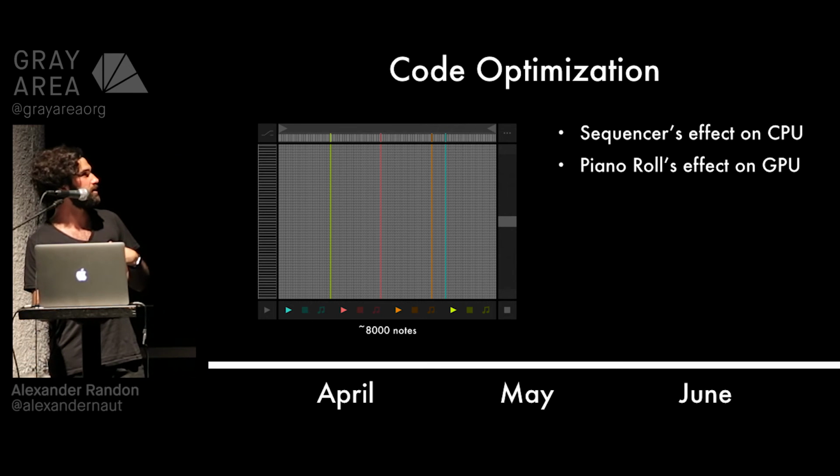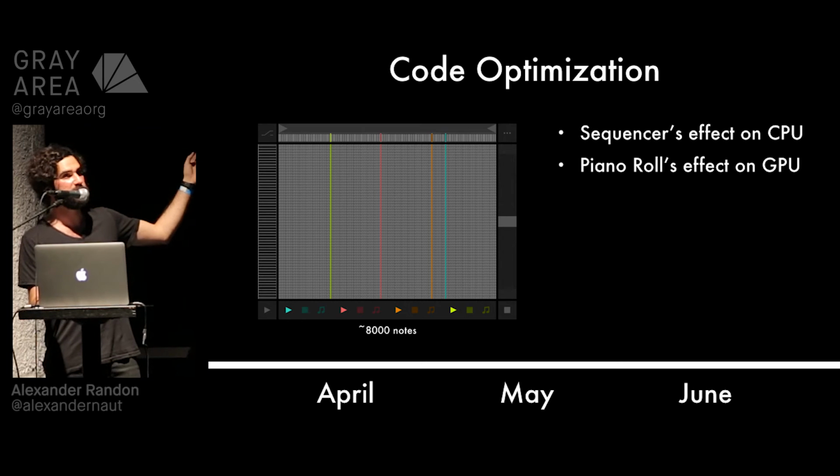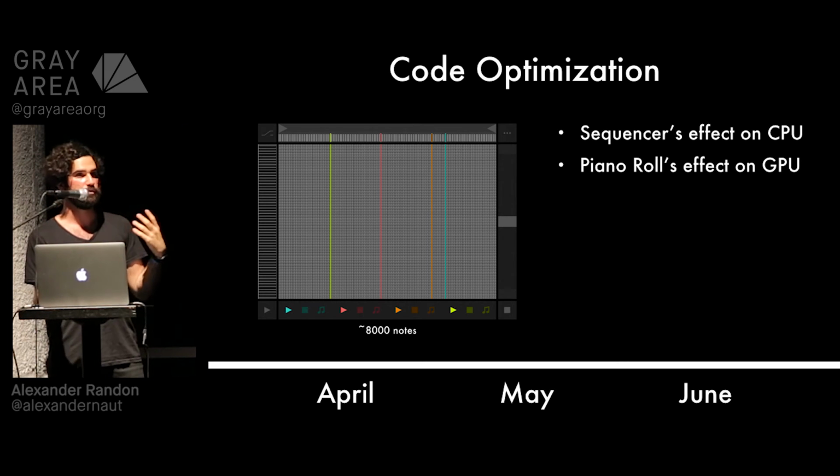Anyways, similarly, this same situation also stressed the GPU in a crazy way, because in the initial version I built this app with, or the version at the end of January, each one of these notes was its own view object in code.